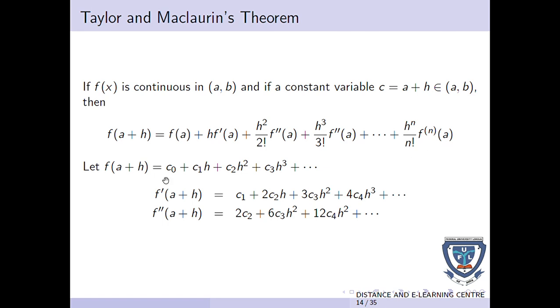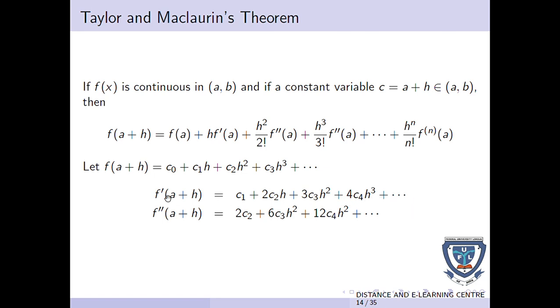Now let f a plus h be c0 plus c1h plus c2h squared plus c3h cubed. Now, where f prime a plus h will give us c1 plus 2c2h plus 3c3h squared plus 4c4h cubed plus dot dot dot.